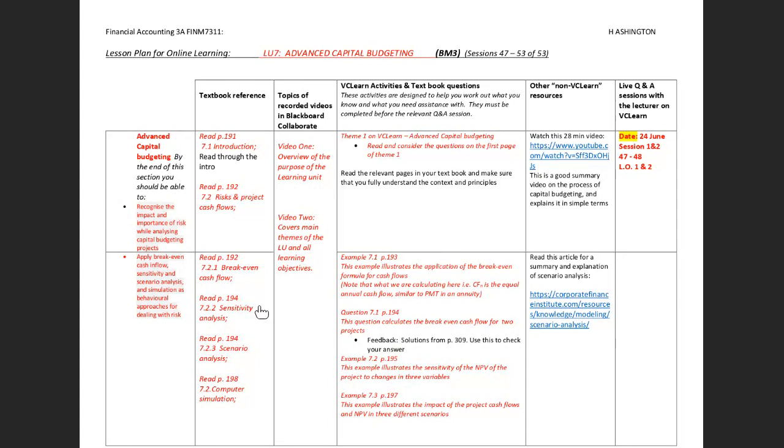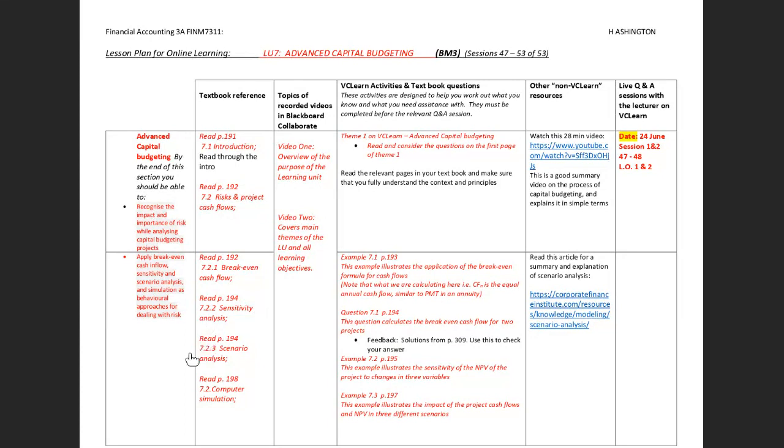And with sensitivity analysis, we test one by one the effect of changing that one individual variable on our final outcome of our project, so that we can tell of all of our variables that input into our project, which ones will affect the outcome of our project more than the others if they were to deviate from our estimate that we've used in our model. And then we've got limitations of using sensitivity analysis as well.